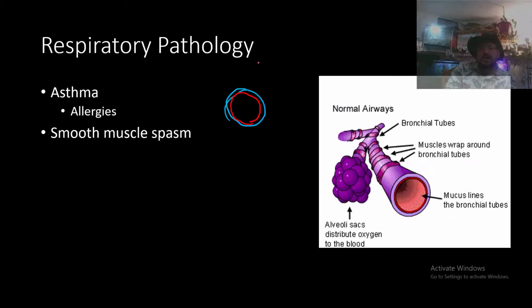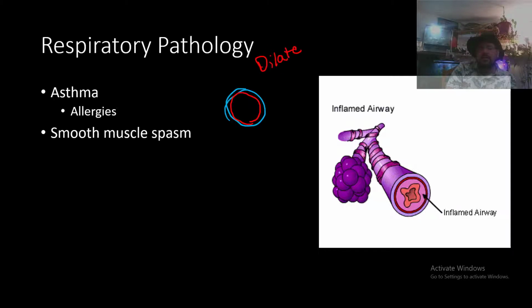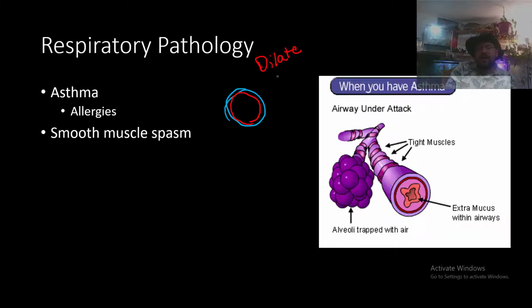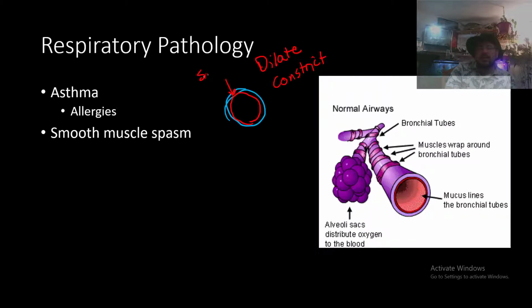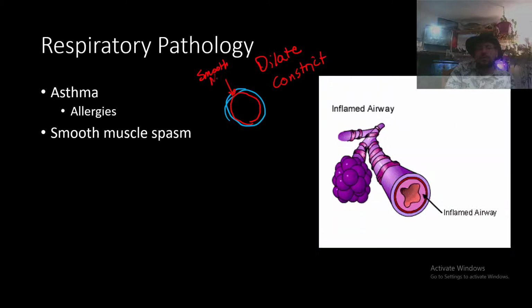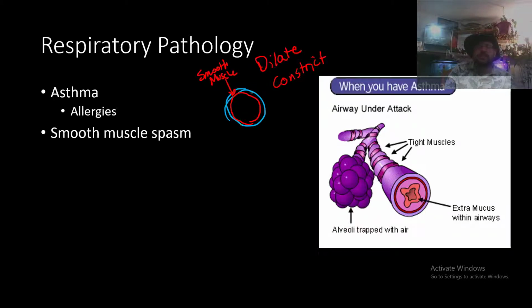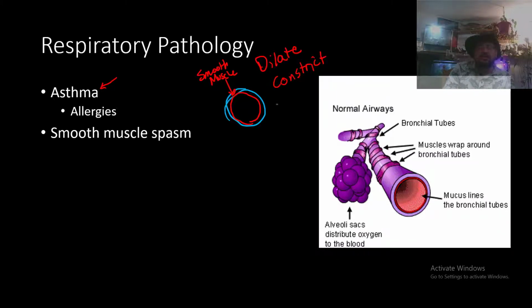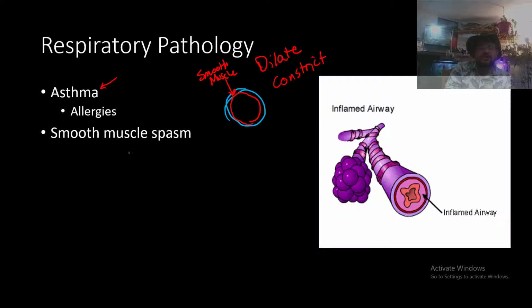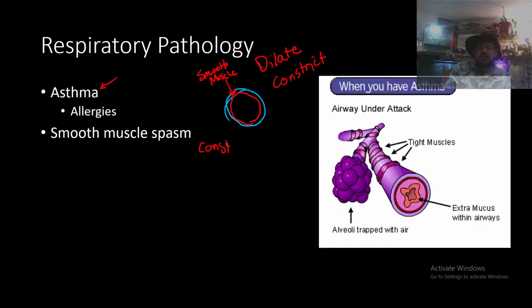So you can dilate or widen the pathway, or you can constrict it. And it's that smooth muscle layer that allows that. So in asthma, you have a smooth muscle spasm that causes constriction. Right? So the smooth muscle spasm constricts the bronchi.